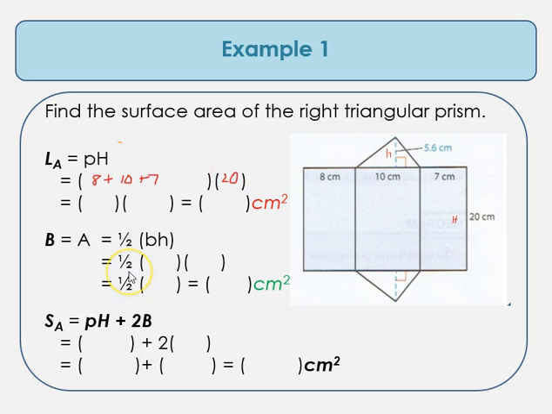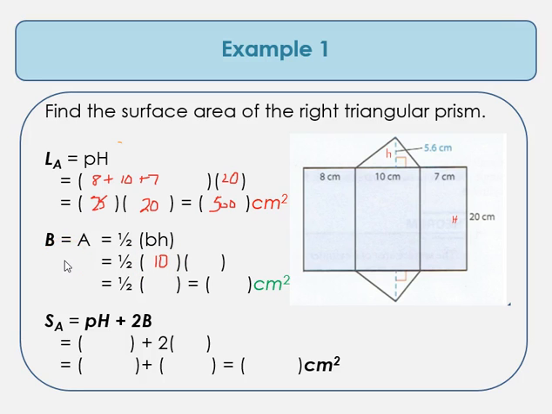And the 8 plus 10 plus 7 was 25 times 20, which is 500 centimeters squared.